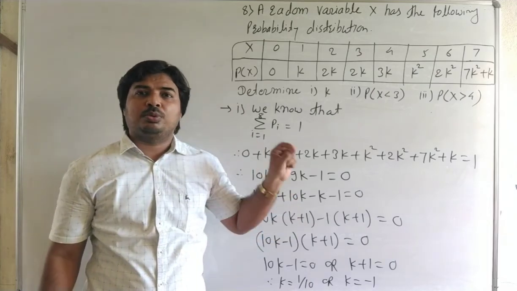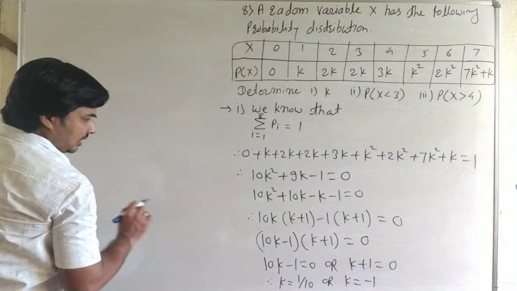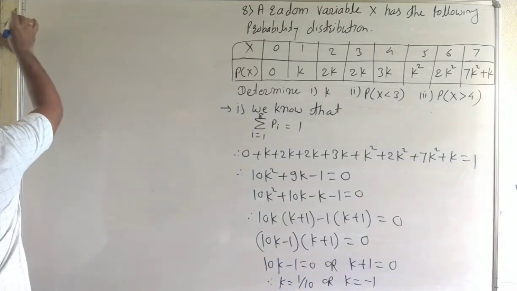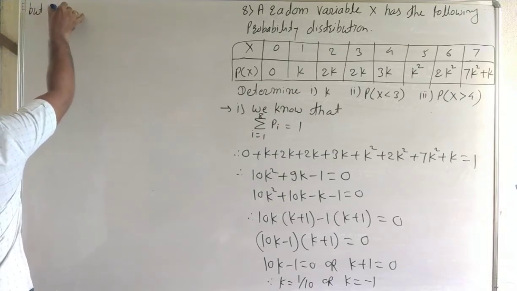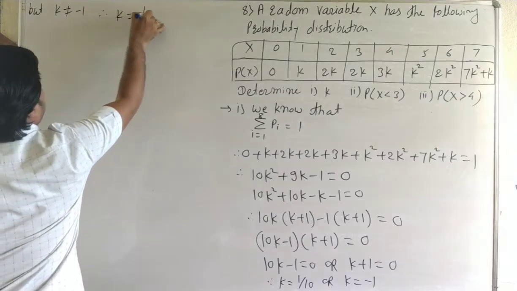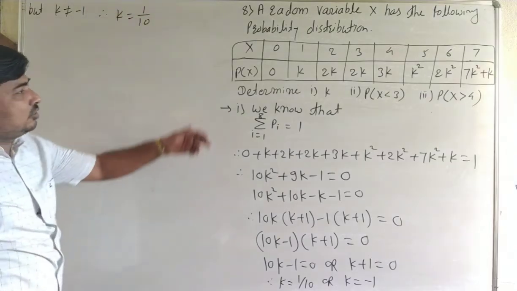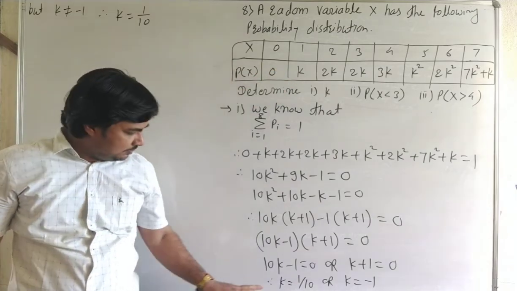It is the condition of probability. Here we cannot take k is equal to minus 1. Therefore k is equal to 1 by 10. It is the value of k, the answer to our first question.